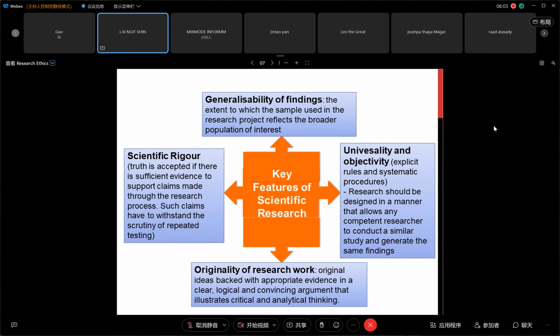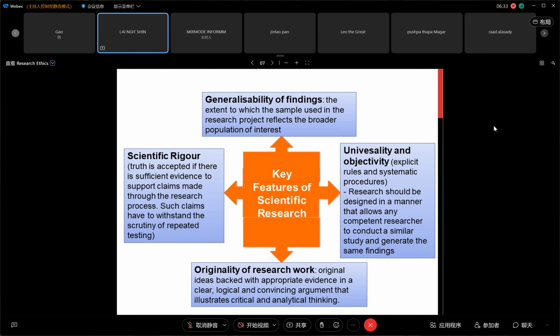Let's say it's cancer stage 1 or 2. Maybe you have to mention clearly that this drug is available for stage 3, so you only enroll stage 2 or stage 3 patients for your process. This means you are not the only one in the world who can do the research. Other people can also repeat it, or maybe do other parameters, so they can generate a similar type of result.